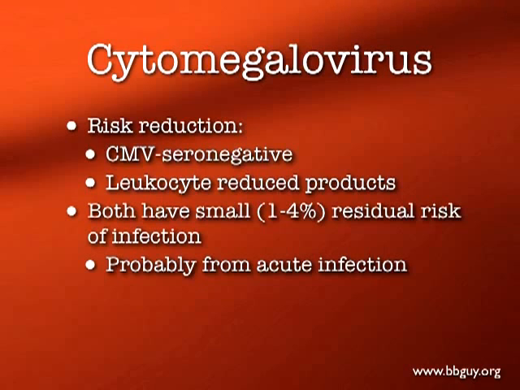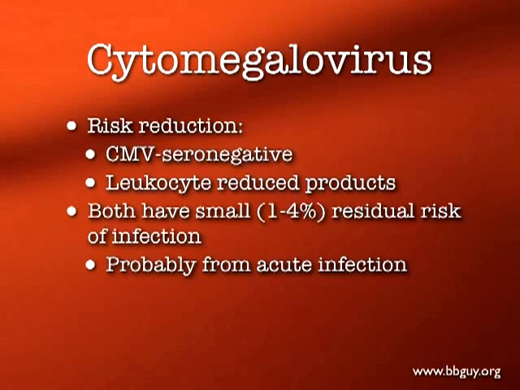On the other hand, leukocyte reduction has been thought for some time now to be pretty close to equivalent to CMV seronegative. And again, the rationale there is that the virus lives within white cells, it's just a white cell virus. So if you get rid of the white cells, 99.99% like leukocyte reduction does, it's thought that that decreases the risk very, very substantially.